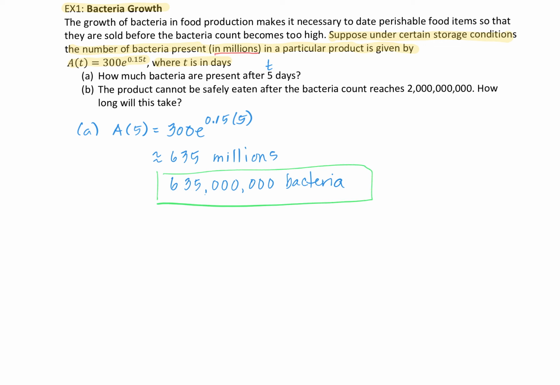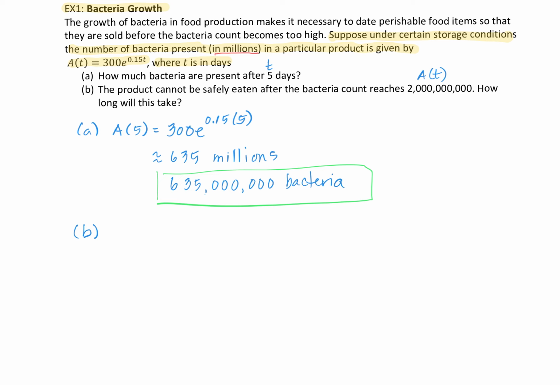All right. In part B, it says the product cannot be safely eaten after the bacteria count reaches 2 billion. How long will this take? Again, we're just going to put the 2 billion into our formula. So remember, that's the amount of bacteria, so that's our A of t.